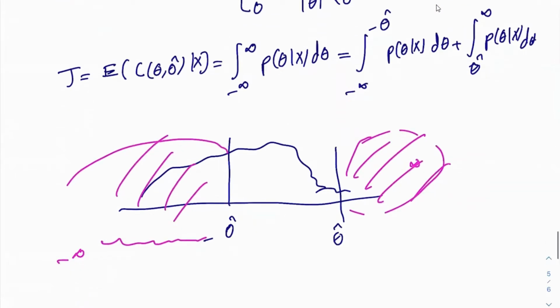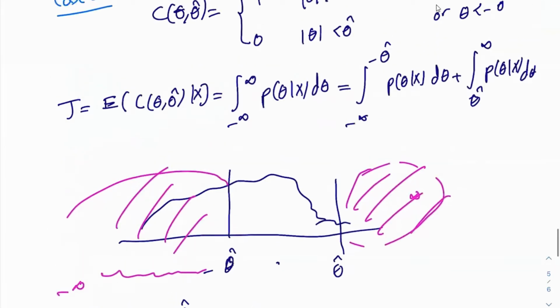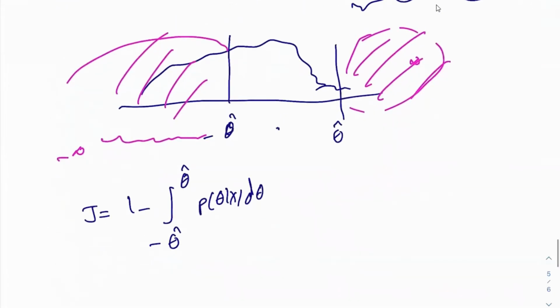What is left is from negative theta hat to theta hat. So J is equal to 1 minus the integral from negative theta hat to theta hat of the posterior distribution d theta. Look at this diagram. When you sum these two expressions, you get this J. Good.